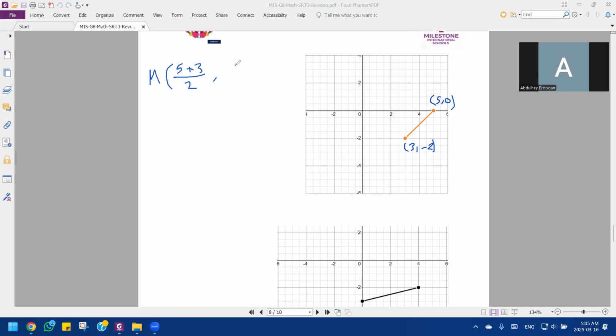Now the y value is 0, plus minus is minus, -2 over 2. 5 plus 3 is 8, divided by 2, 4. 0 minus 2 is -2, divided by 2 is -1. So x is 4, y is -1, is here, the midpoint.